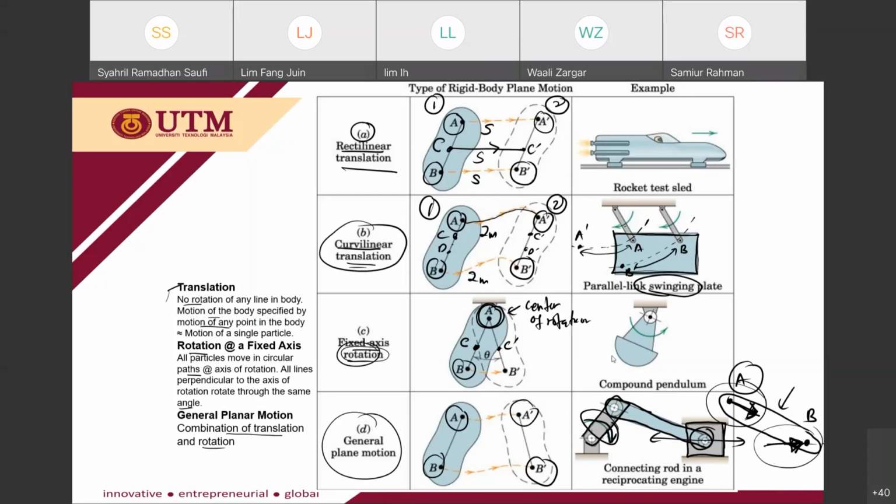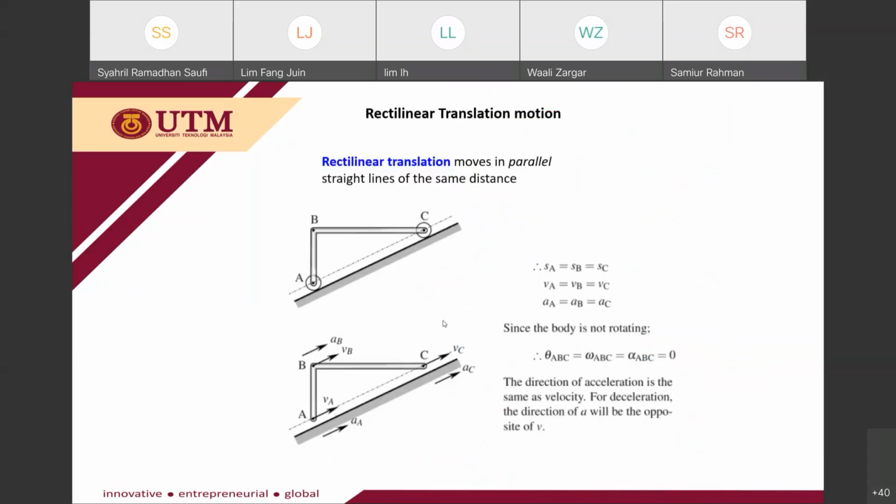Okay, so this is the first analysis that you need to do for this chapter. You need to know how to determine the type of motion. Okay, so this is rectilinear translation: moving in parallel straight lines of the same distance. So you may notice that this L rod is moving in this direction, upward along the inclined plane.